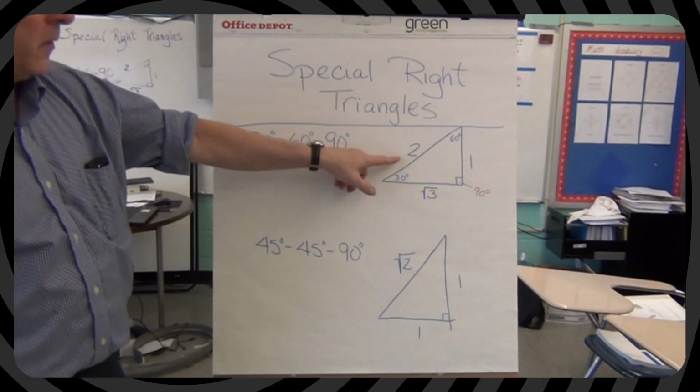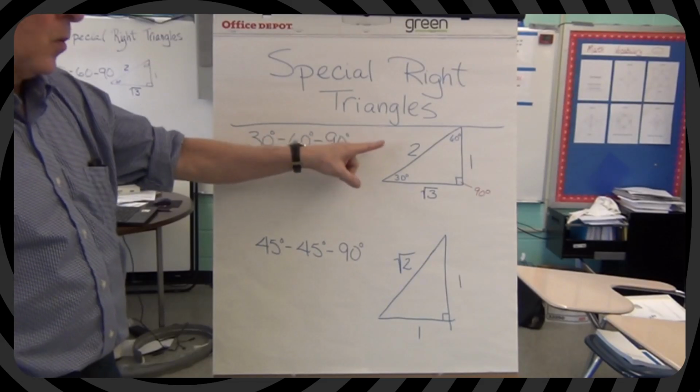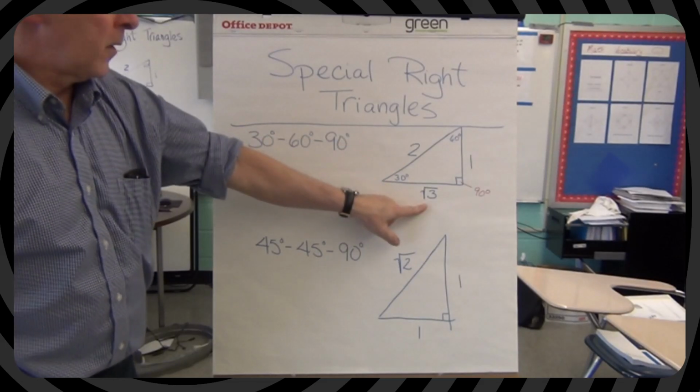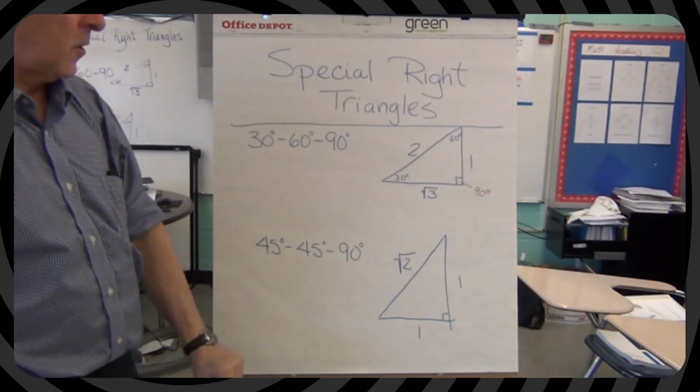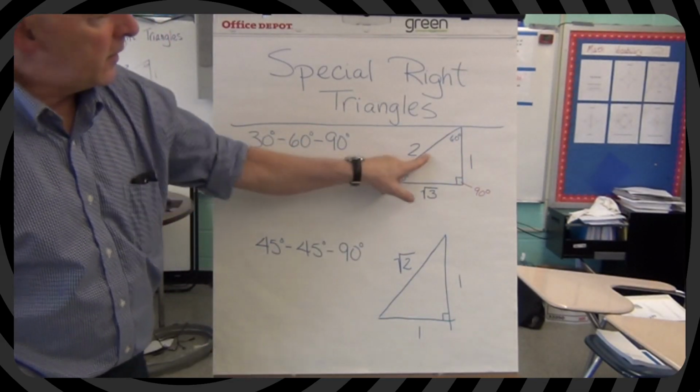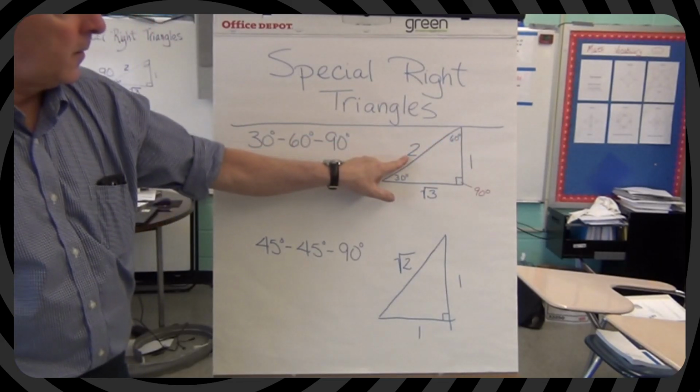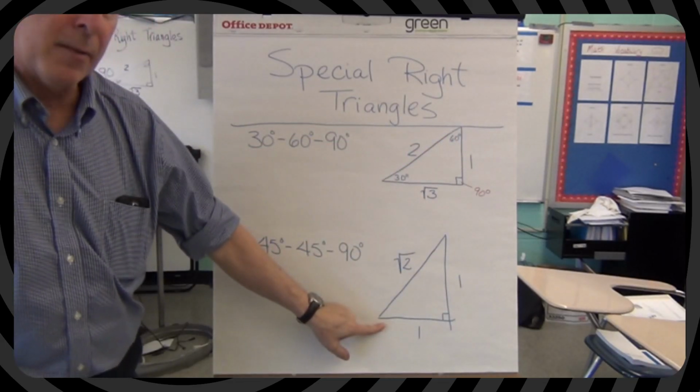Later what we're going to do is ask ourselves, what's the value for this side opposite the 60 degrees and this side opposite the 30 degrees if we want this side to be equal to 1? And we'll ask the same question about this.